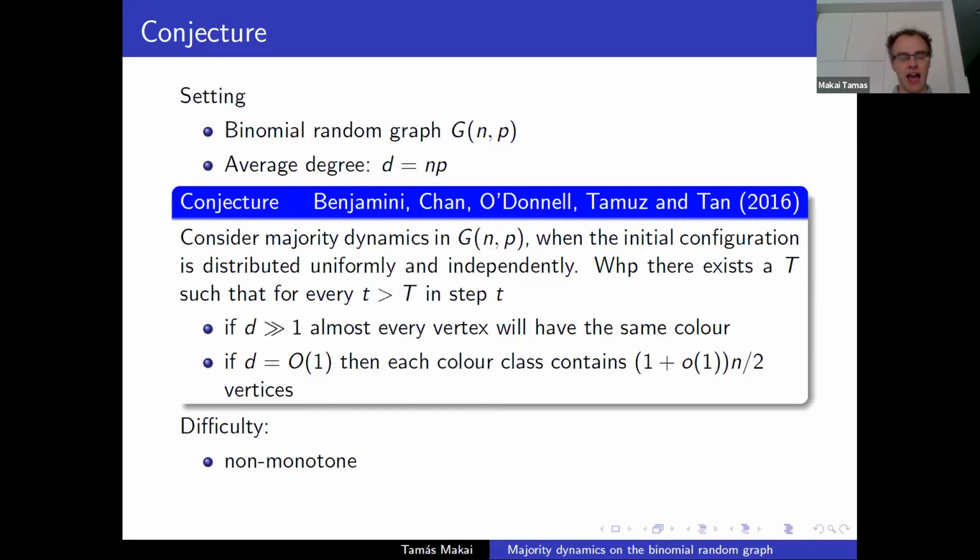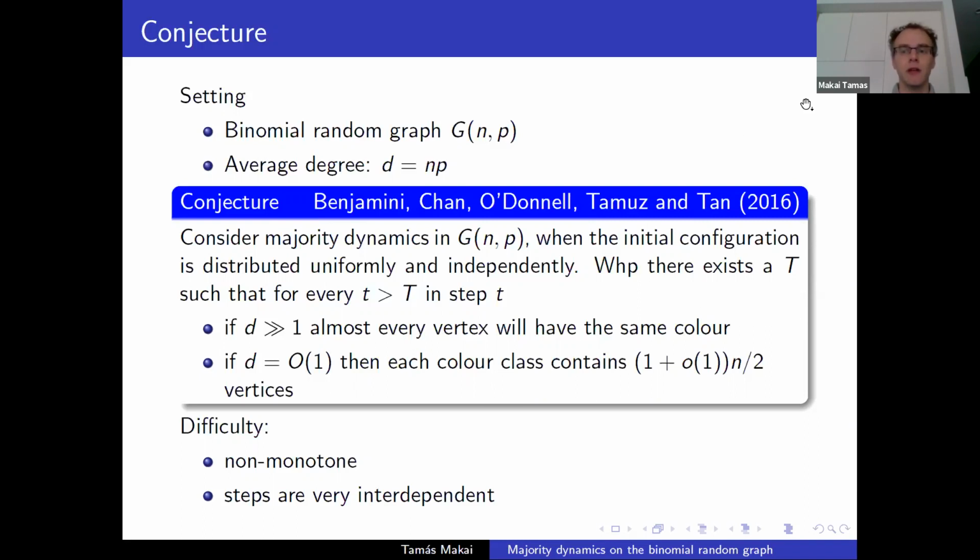Simply adding or removing edges from the graph can have a significant effect on the behavior of the process. And the second reason is that the steps are very interdependent.